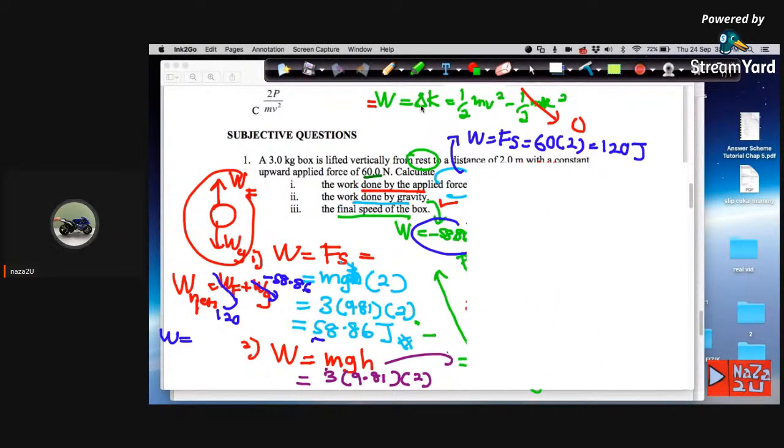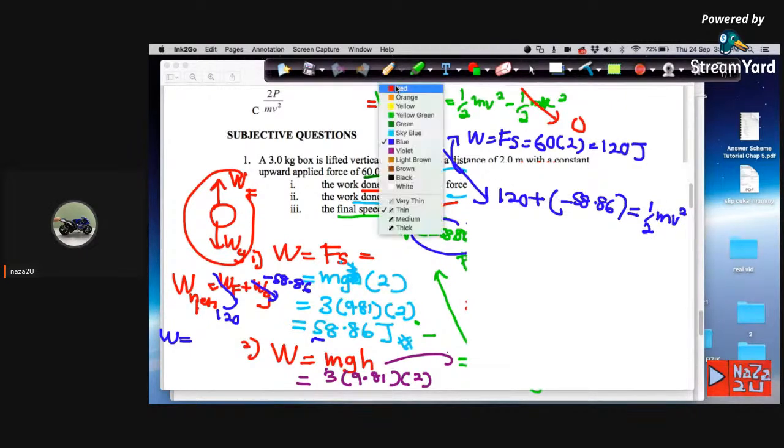Saya tulis sini balik. Tulis kat sini. So kita ada kat sini 120 plus minus 58.86 is equal to half mv square.